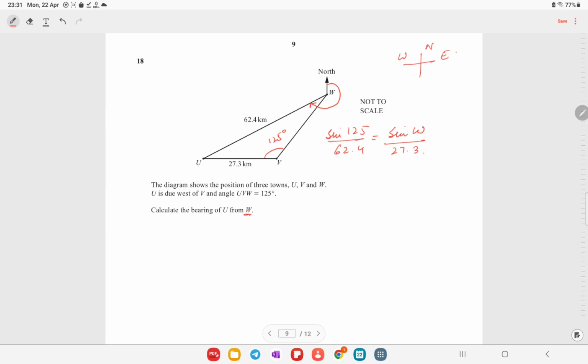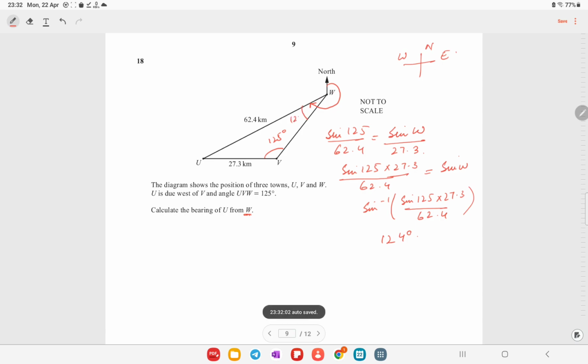So you do the cross multiplication to get your answer. 27.3 over 62.4 will get you sine W. Then you do the sine inverse of this, sine inverse of sine 125 times 27.3 over 62.4. So this will give you 124 degrees.